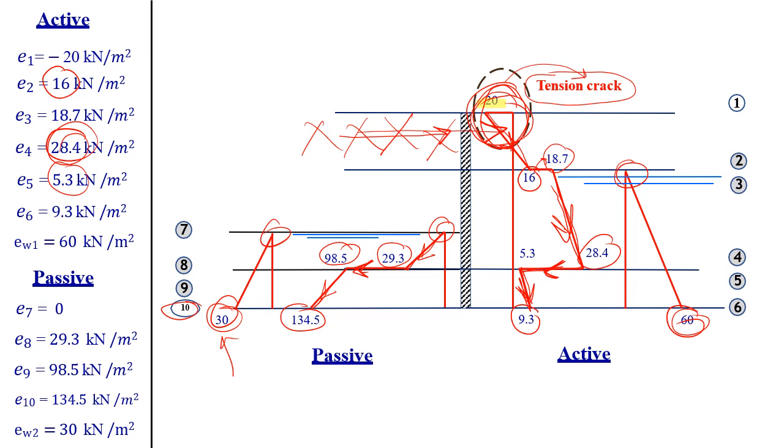We don't depend on them at all in our design. Yes, theoretically, you may have a tension crack, 1 meter or 2 meters below the ground level, in which the forces are resisting the failure of the retaining wall. They are pushing the retaining wall again towards the soil and they help in the resistance. However, in practical design, we don't depend on these resisting forces and we neglect this zone.